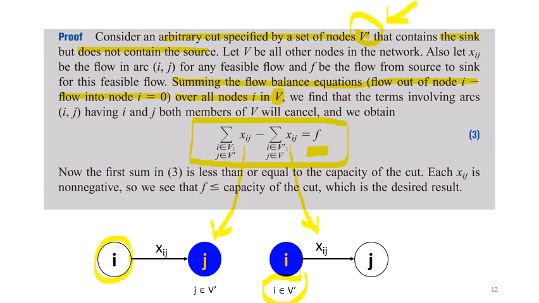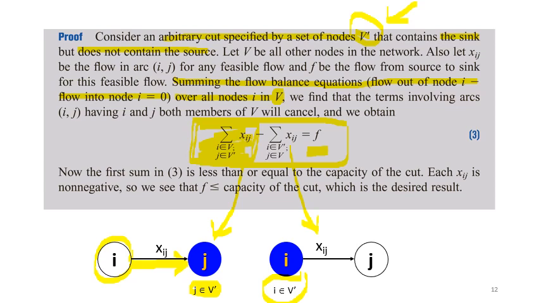Now, if you see this equation, the first part actually is the capacity of the cut, right? Because remember, capacity of the cut means that we are summing the capacity of all arcs that are going into the nodes in V prime. So the first part here is actually the capacity of the cut.